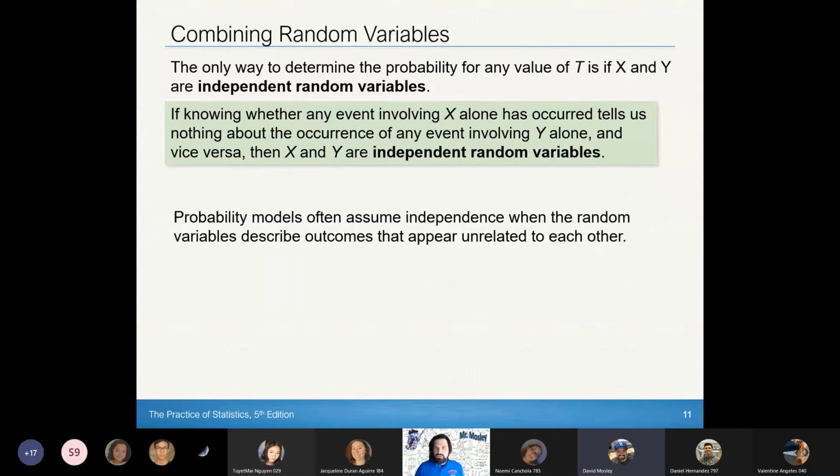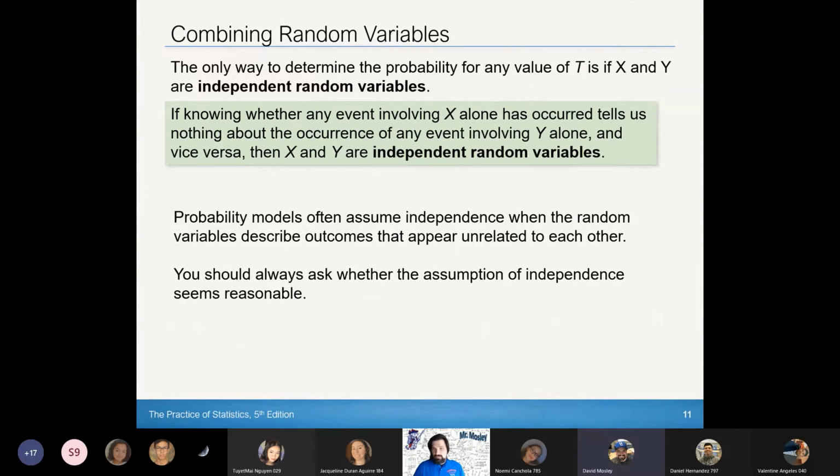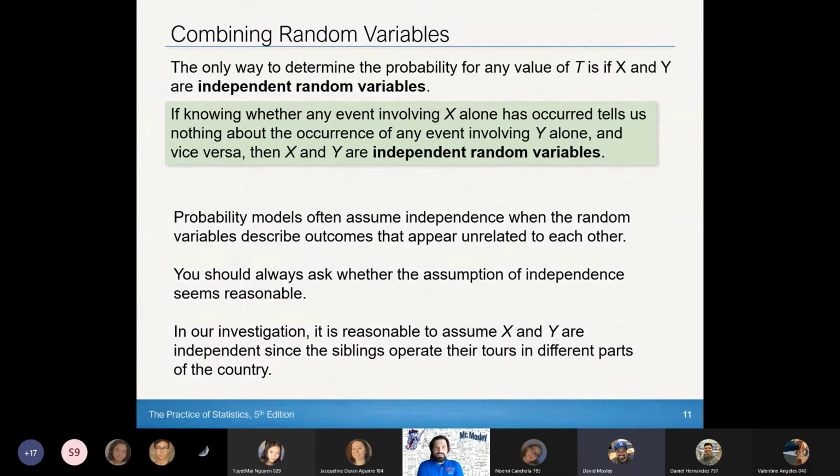Probability models often assume independence when the random variables describe outcomes that appear unrelated to each other. We should always ask whether the assumption of independence seems reasonable. In this example, it is reasonable to assume x and y are independent since these two companies are owned by siblings, which was part of the context not provided, and operate their tours in different parts of the country.